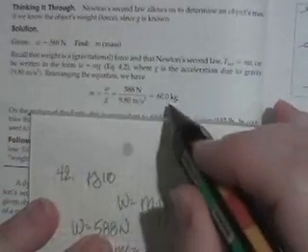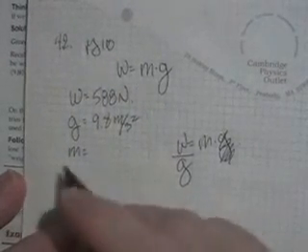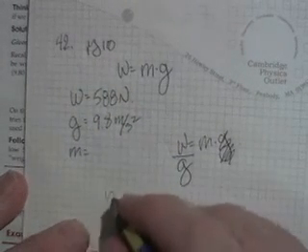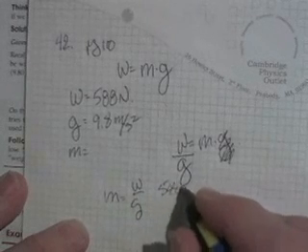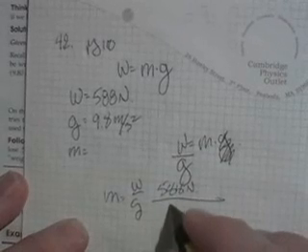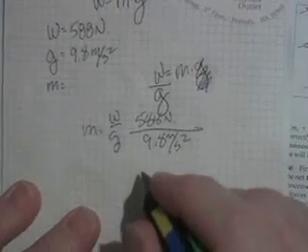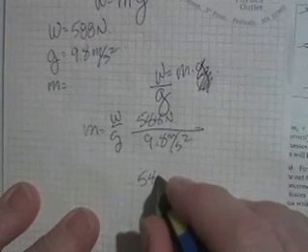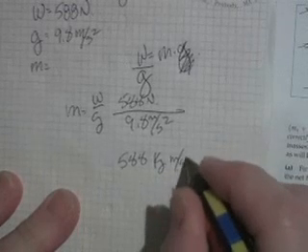It shows the numbers plugged in, but I'm going to go ahead and plug them in myself anyway, because that's what using the sample problem is about. M equals W over G, 588 newtons, divided by 9.8 meters per second squared. Now remember, a newton is really a kilogram meter per second squared.